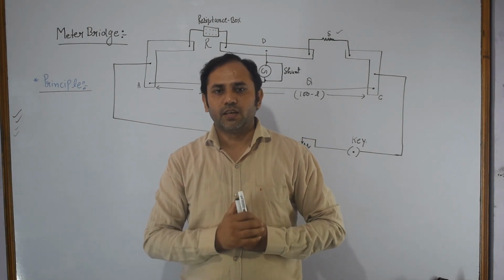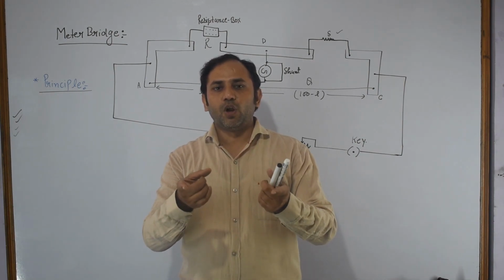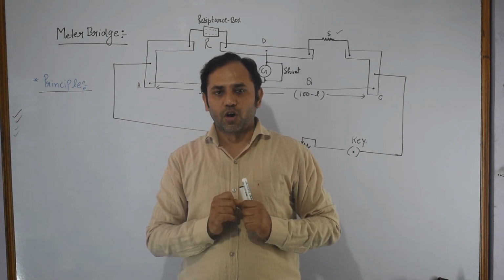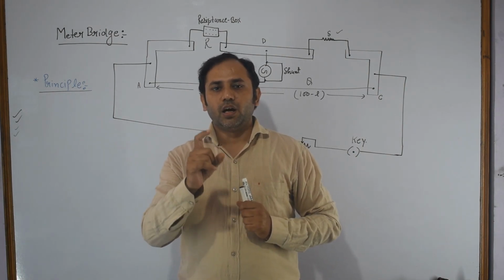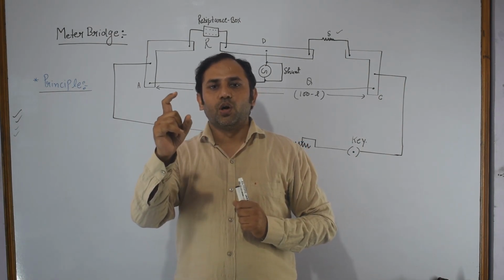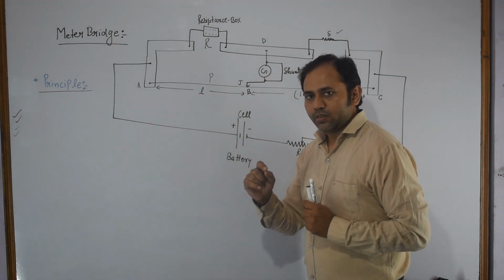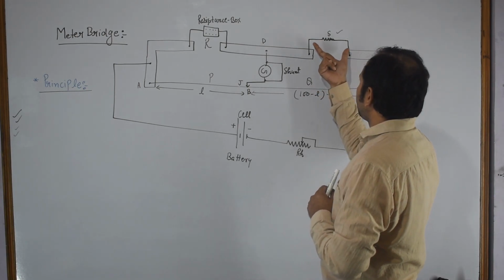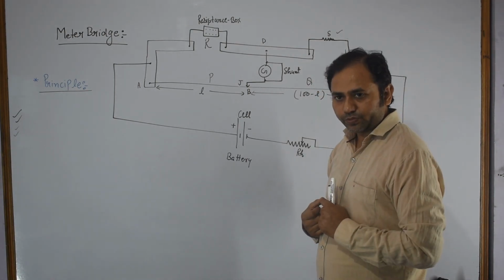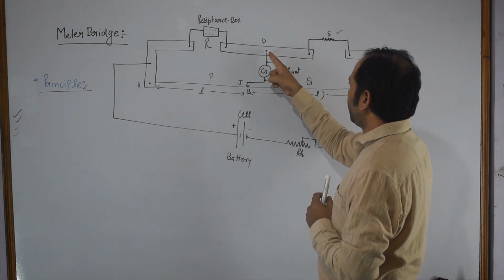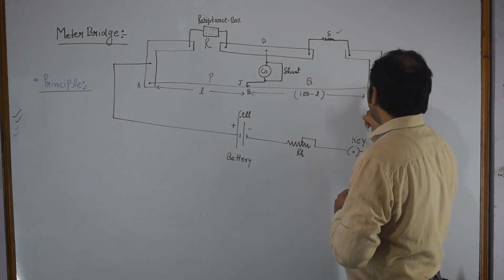In the same way, having the principle of Wheatstone bridge, the meter bridge is also used for measuring the unknown resistance of the given wire. Here we have an unknown resistance S, which has been connected in between point D and point C.